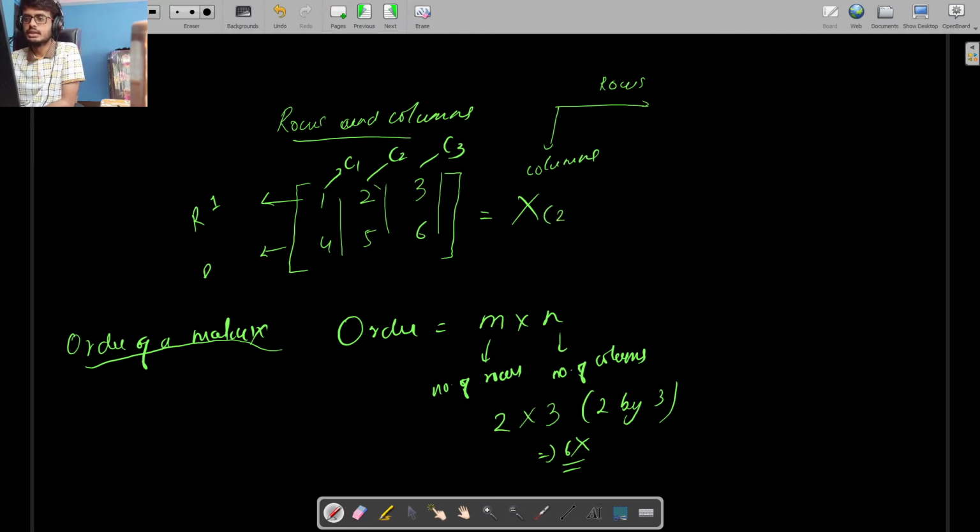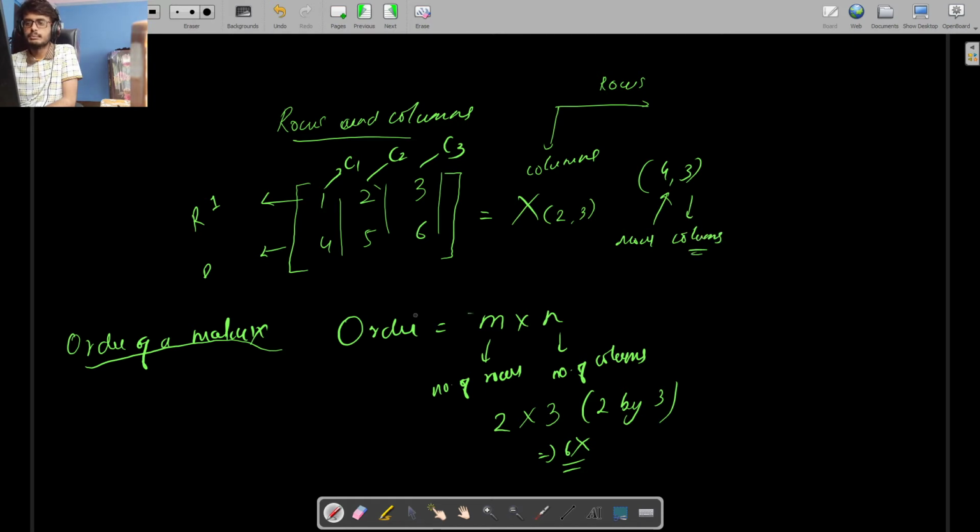So X is a 2 by 3 matrix, which means it has 2 rows and 3 columns. If some matrix is 2 by 2, then it has 2 rows and 2 columns. If some matrix is, let's say, 4 by 3, then that matrix will have 4 rows and 3 columns, right?